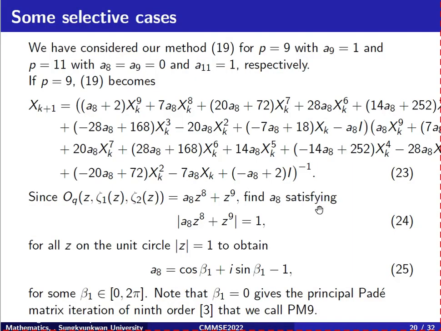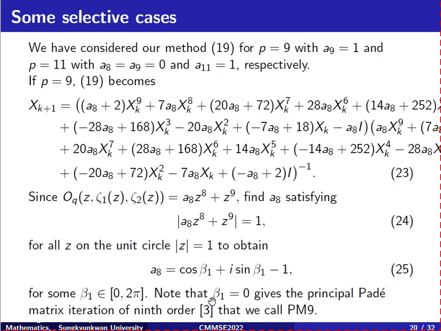You can make some selective cases like this, which I'm going to skip here. But for our method (19) with p equal 9 with a_9 equal 1, and p equal 11 with this condition. If p equal 9, the method becomes this one.